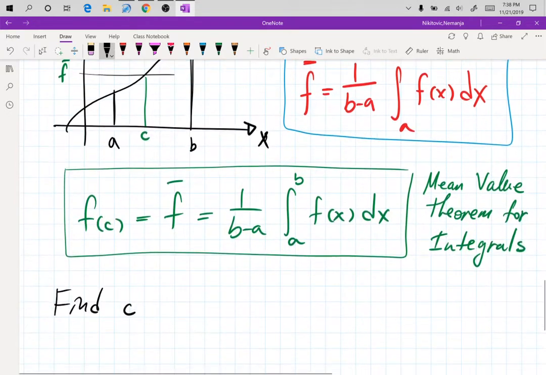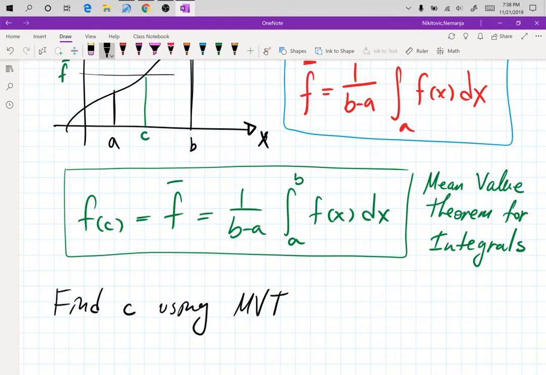Find c using the mean value theorem for integrals.